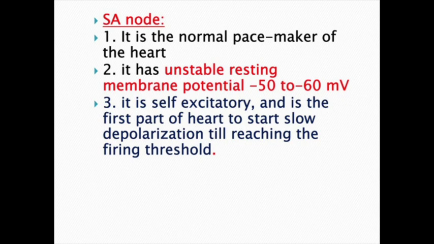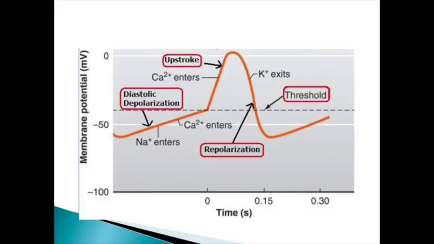SA node is the natural normal pacemaker. Slide 41. If you look carefully at this curve, it will show you the phases of the pacemaker potential, and you can notice that it's composed of 3 phases only, starting with phase 4, which represents the diastolic depolarization.